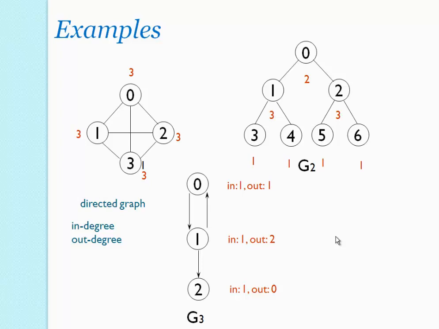The third graph G3 is a directed graph. The in-degree of 0 is 1, the in-degree of 1 is 1, the in-degree of 2 is 1, the out-degree of 0 is 1, the out-degree of 1 is 2 and the out-degree of 2 is 0.